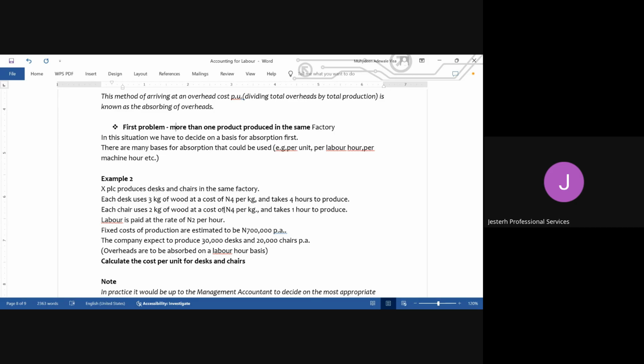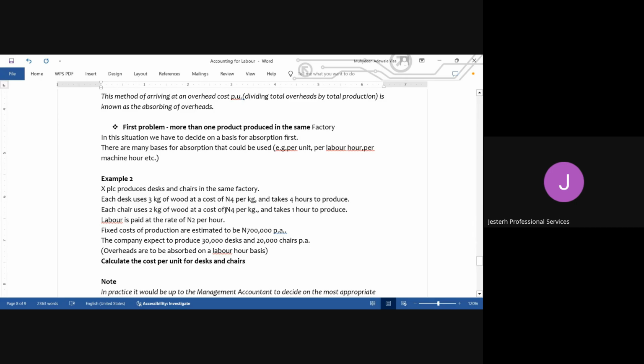Each desk uses 3 kg of wood, like the one we just solved, at the cost of 4 naira per kg, and it takes 4 hours to produce each unit. Each chair uses 2 kg of wood at the cost of 4 naira per kg.